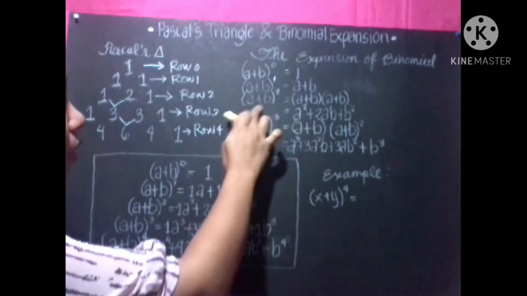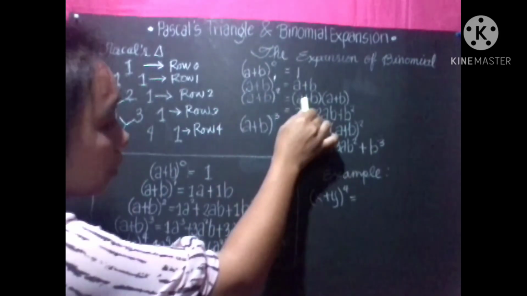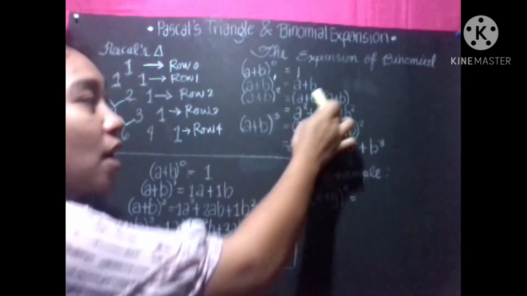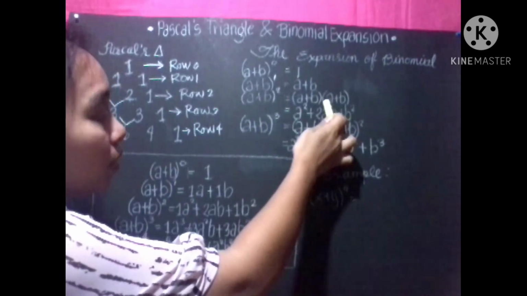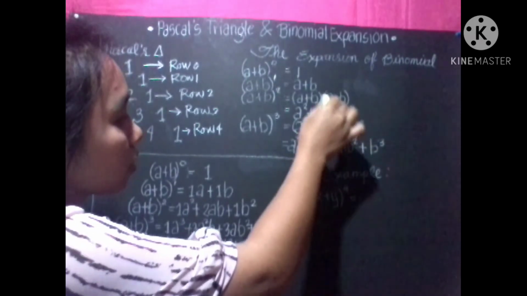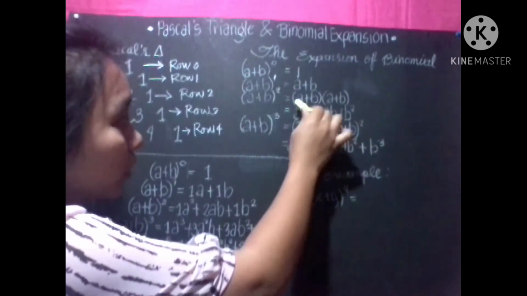Next is a plus b to the second power. We know that it is a plus b times a plus b, so we're going to have a distribution process. a times a is a squared.